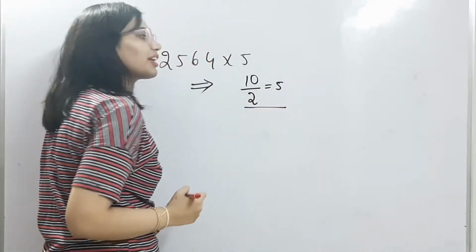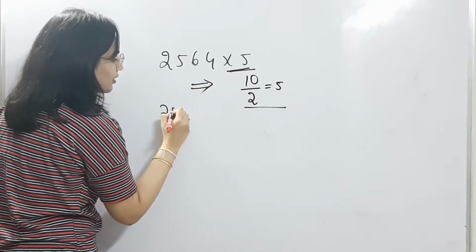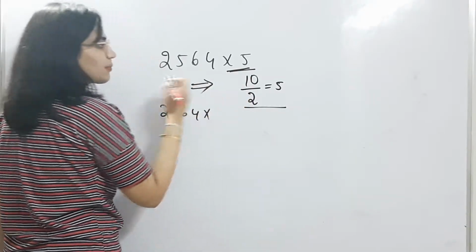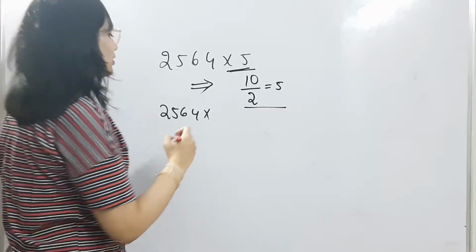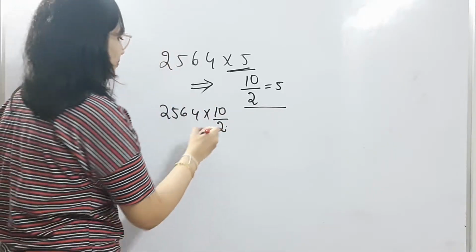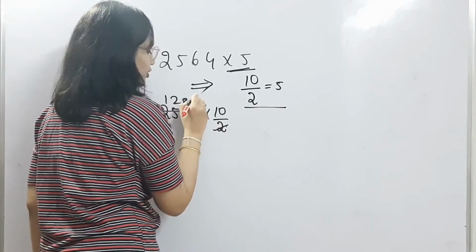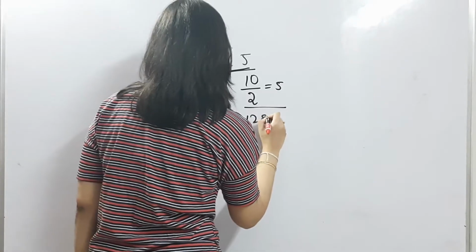We know that 10 by 2 is 5. Yes. So rather, whenever we have this 5 and that number needs to be multiplied by some other number, then what we write is, instead of 5 we write 10 by 2. It is 5 only, right? And then cancel this. 1282. So answer is 12820.